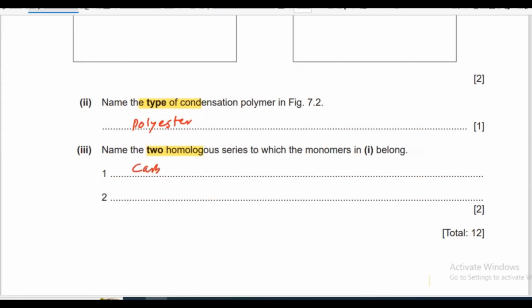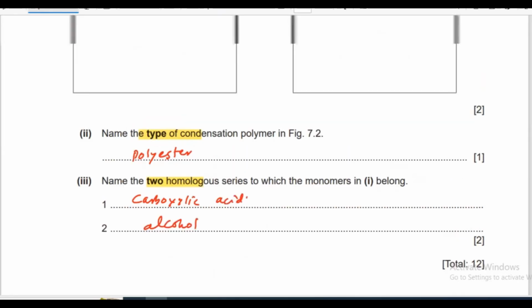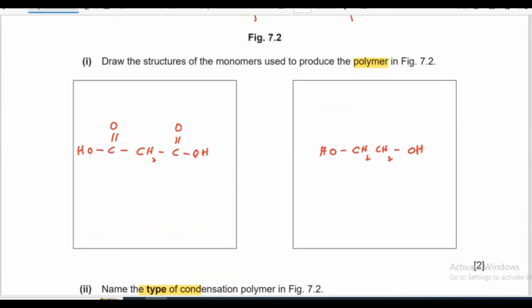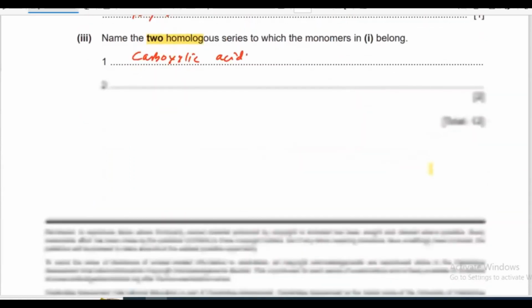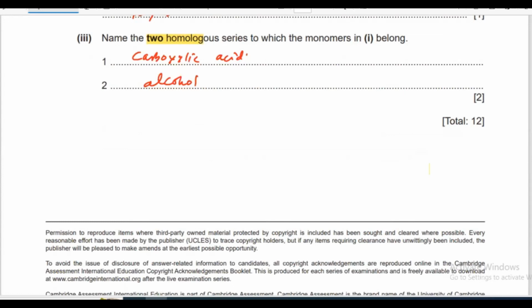One is from carboxylic acid and the other is from alcohol. As you can see, this is the carboxylic acid group and this is the alcohol. So one monomer is from carboxylic acid and one is from alcohol. So this is all about this paper. Thank you.